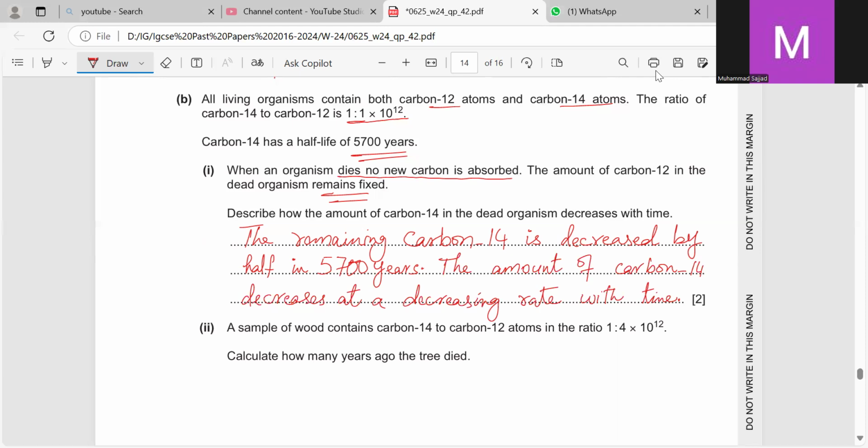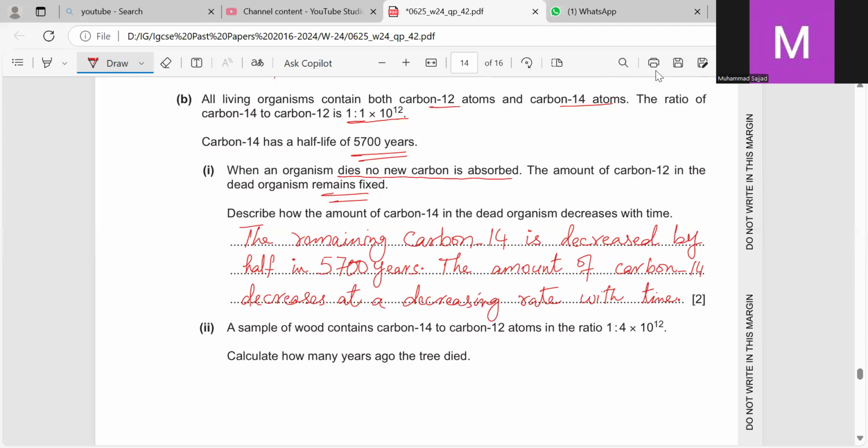Let's suppose in the beginning, just as an assumption, there were 100 grams of carbon 14 in a living organism, when it is alive. When 5700 years have passed, the remaining amount will be exactly half of the initial value of 100 gram.